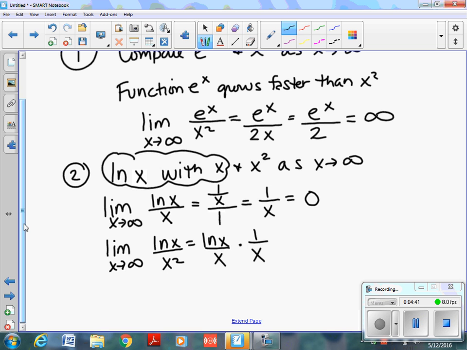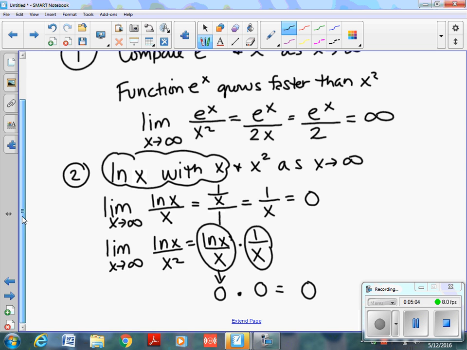We just did the first one. We know that the first one ends up going to 0. And as x is approaching infinity, this one also gets closer to 0. And 0 times 0 equals 0.